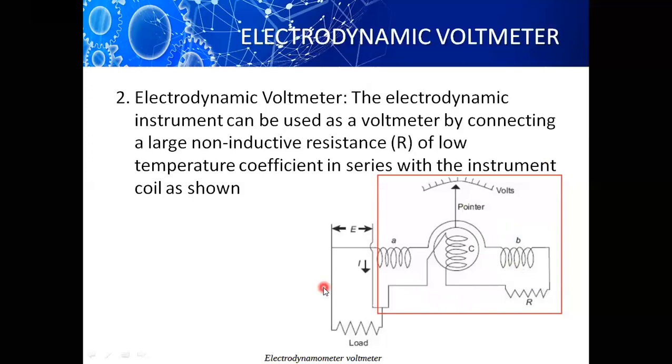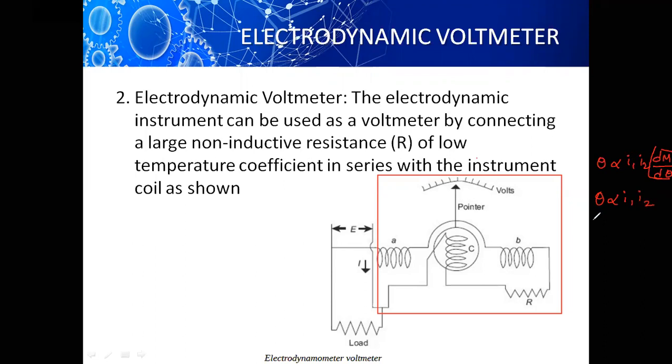Hence, now let us see what happens. The current flowing through the fixed coils and the moving coil is very small. We have seen that the deflection is proportional to I1, I2, dM by d theta. I can remove this dM by d theta, so I'll just say that theta is proportional to I1 and I2.